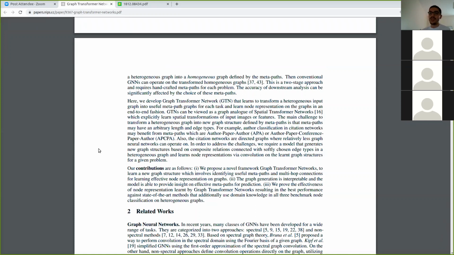You would then operate your GNN or GCN on that structure. What this paper proposes is a way to learn the metapaths, so the model can learn to perform tasks with the least amount of manual input necessary, in an end-to-end fashion.